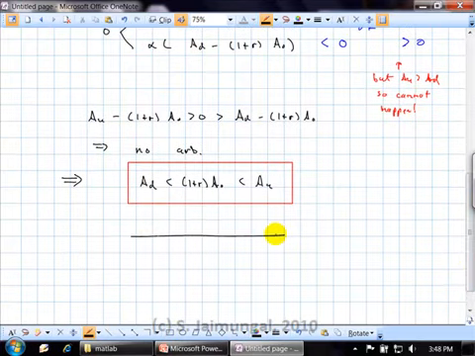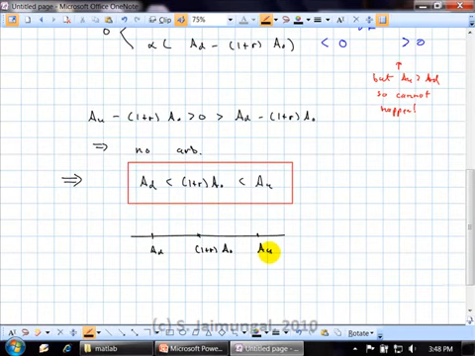Now look at that in terms of a timeline, in terms of an ordering. That means A0 grown at the risk-free rate is between AU and AD. Then there's no arbitrage. Yeah?